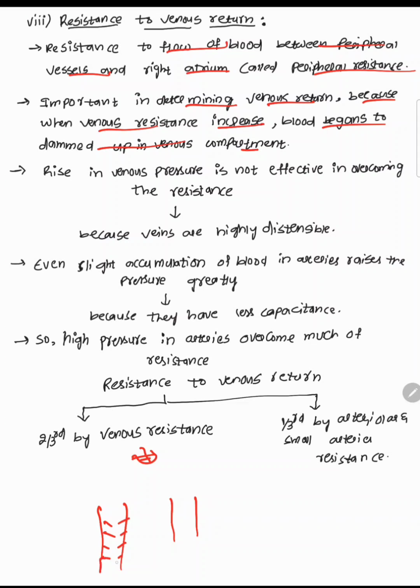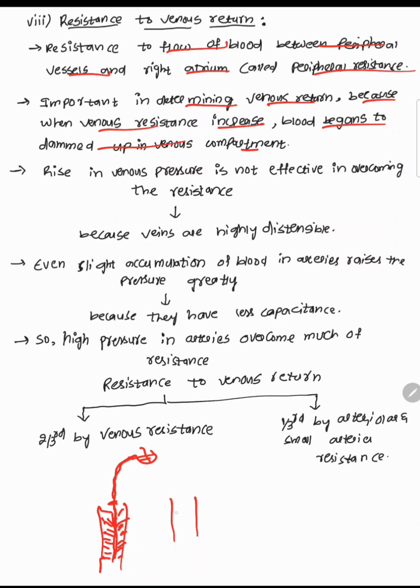See, from this, the blood is there in between these veins. This blood is moving into the right atrium. But due to the resistance, what happened? The blood cannot move into the right atrium. What happened? Then the blood will dam up, means they will dam up within this venous compartment.